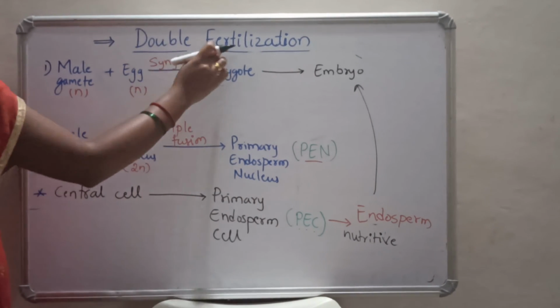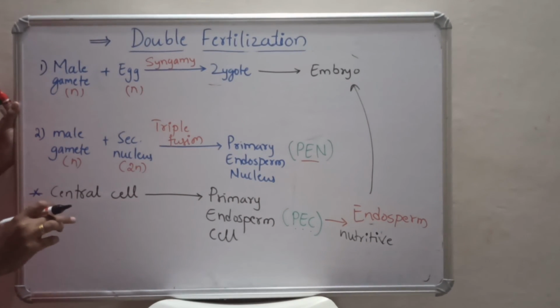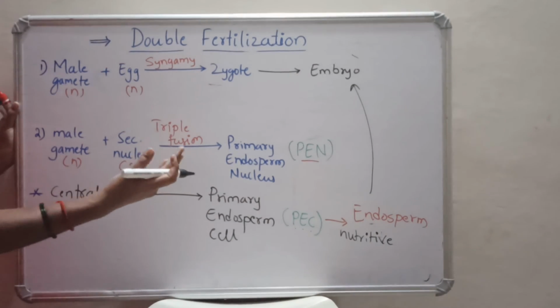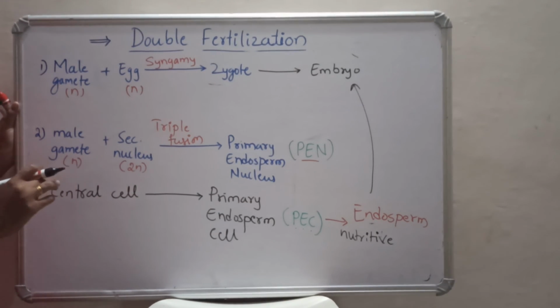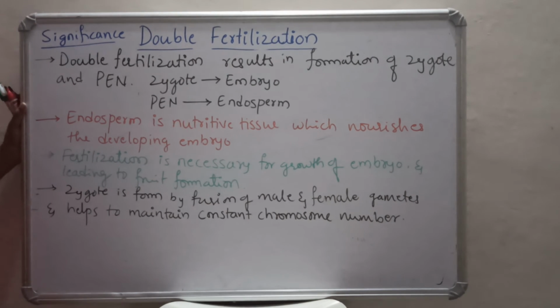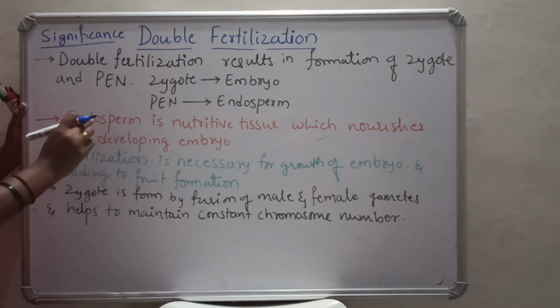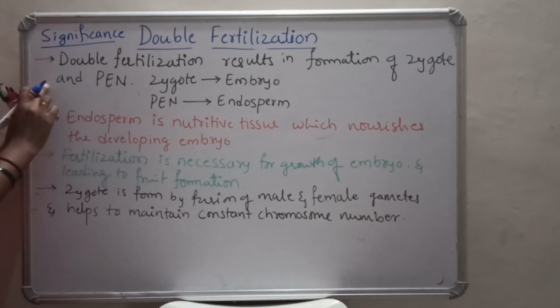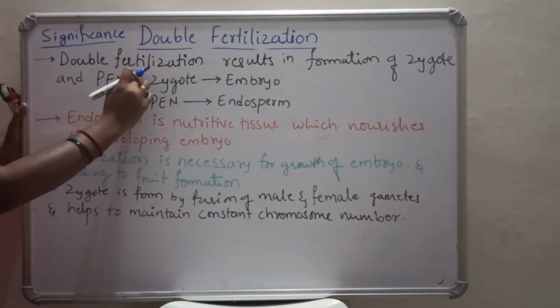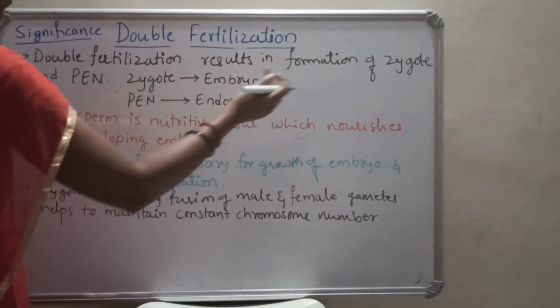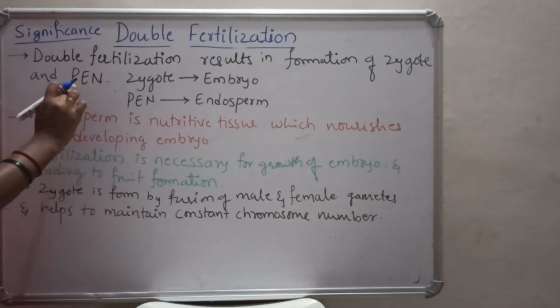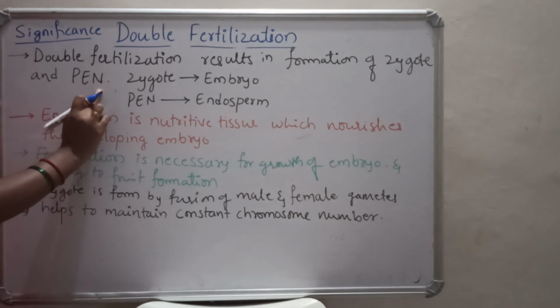And what is the significance of double fertilization, or what are the advantages of double fertilization? The first significance is that double fertilization results in the formation of the zygote and the primary endosperm nucleus.